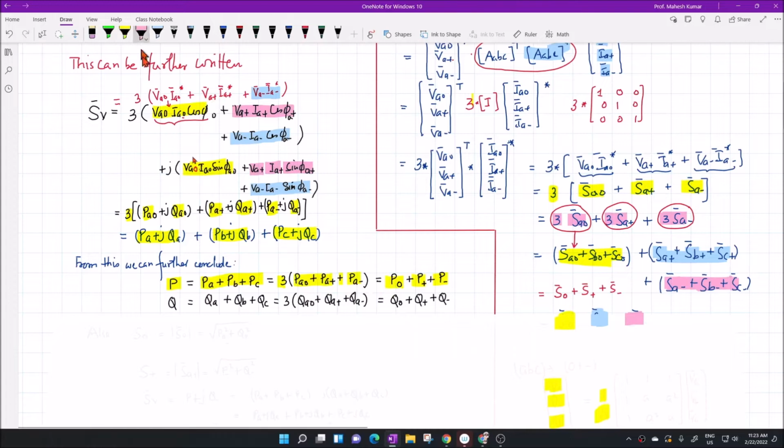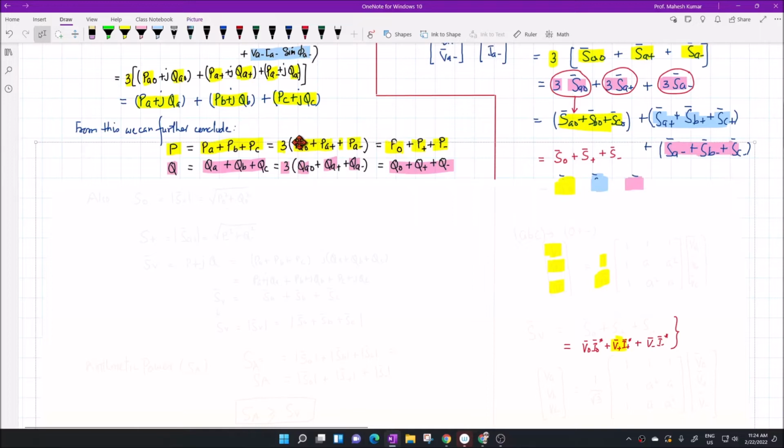And similarly, there is Q, the sum of A, B and C reactive powers, or 3 times each phase 0 sequence, positive sequence, negative sequence reactive power, or the sum of Q0, Q plus and Q minus.